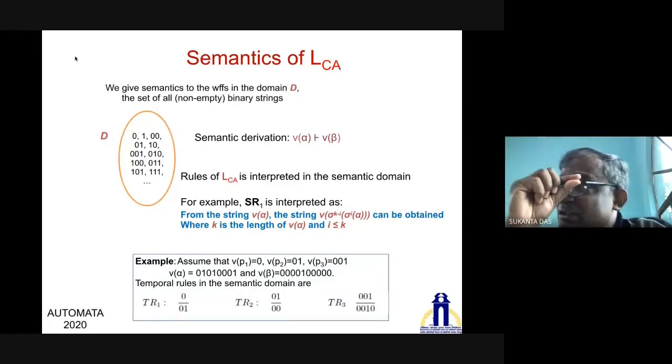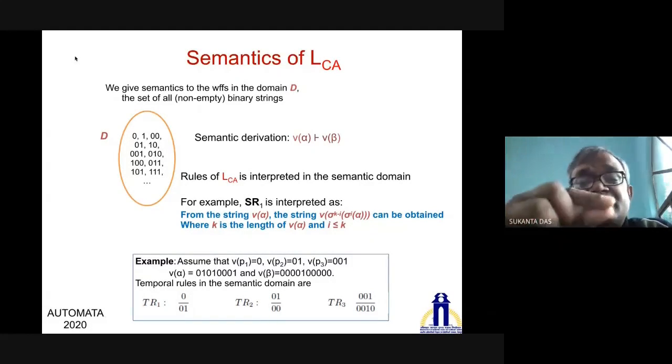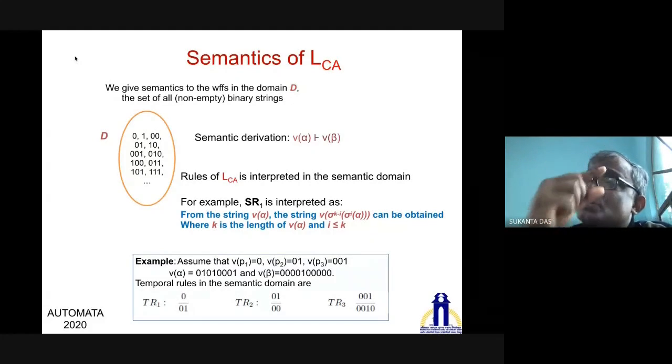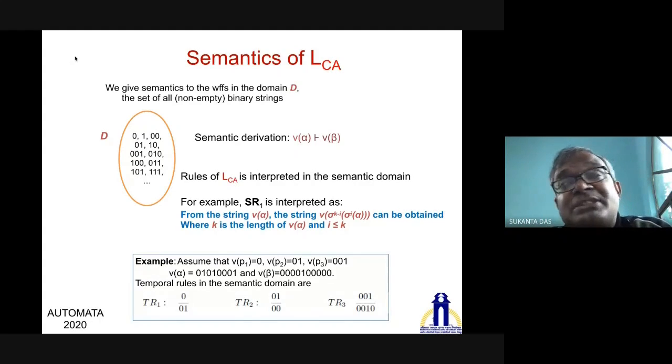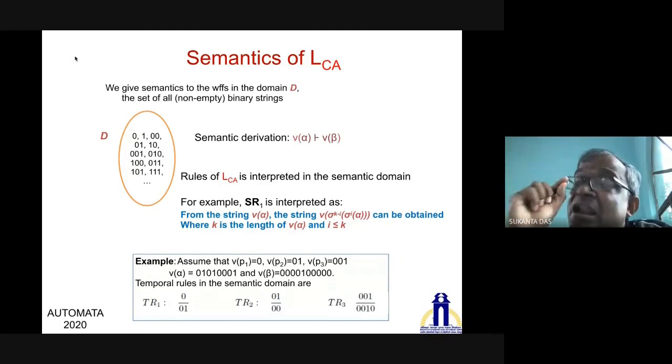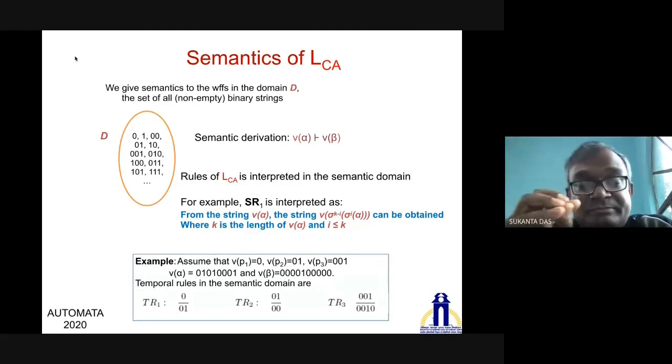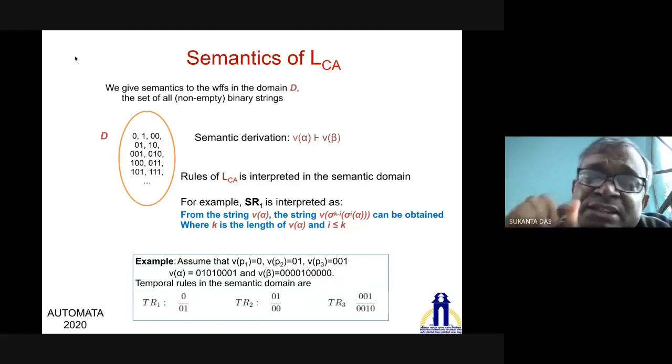See, in our logic, SR1, SR2, SR3, SR4 are very fixed. But because of temporal rules, I know P0, P1. Here I have said P0, P1, P3, etc. But alpha 0, alpha 1, alpha 3 are not specified. So when we take an example, we have to specify this alpha 0.